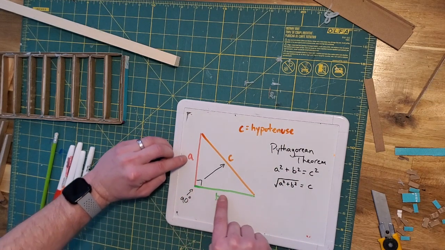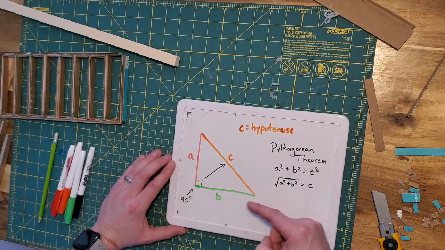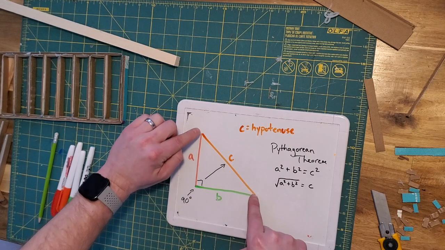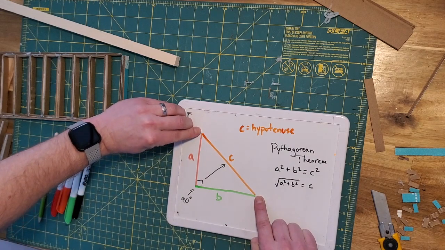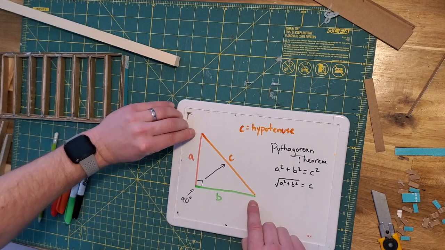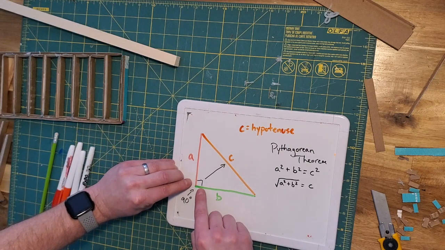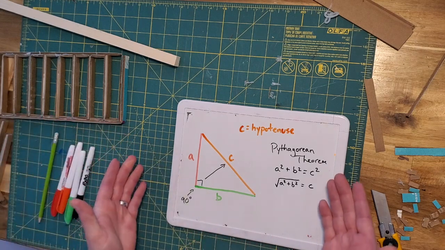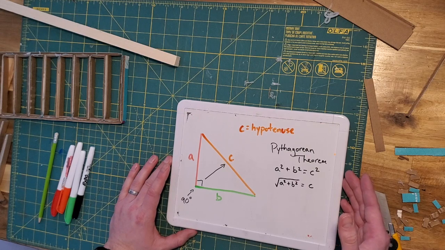So the legs of the right triangle, which are A and B, have a relationship with the length of the hypotenuse. And if we know what the hypotenuse is, we can make sure that A and B are perfectly 90 degrees. That is used probably more often on construction sites than any other math aside from simple measuring.